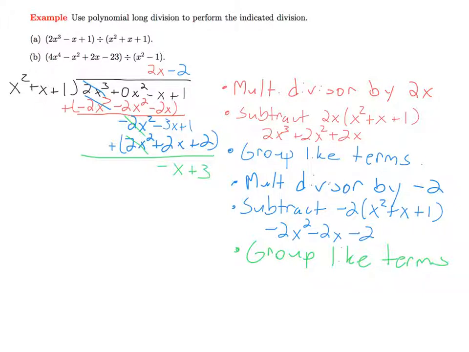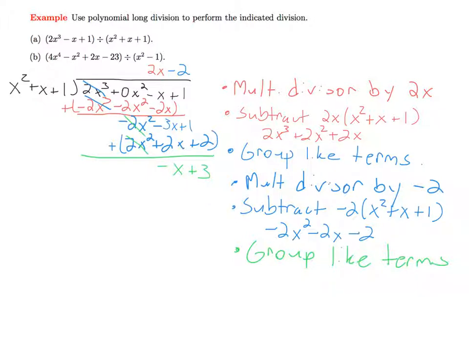And now, if we take a look, we've got a remaining polynomial, which has a leading term of minus x, and our divisor has a leading term of x squared. So there's nothing that I can multiply this by to cancel off the minus x. So once the degree of the remainder is less than the degree of the divisor, this process is done.